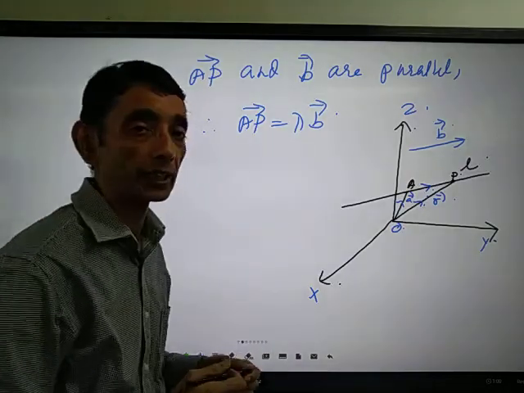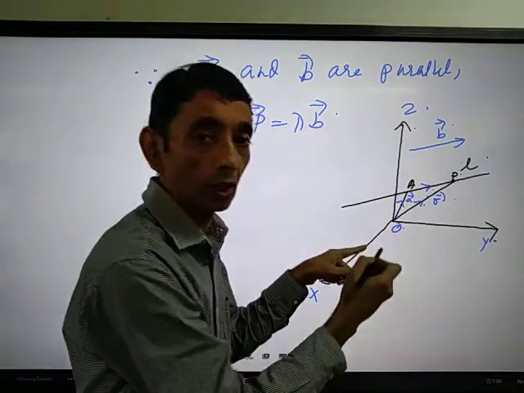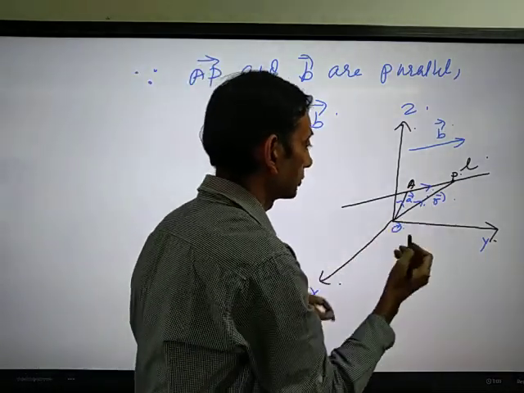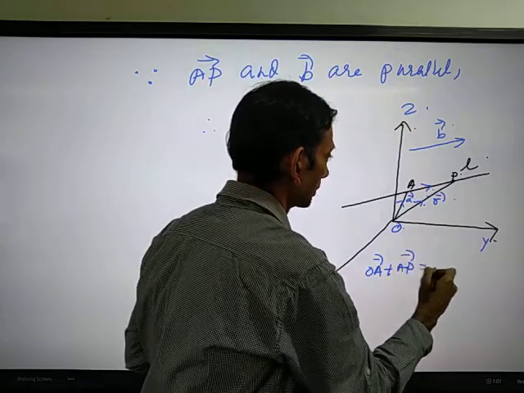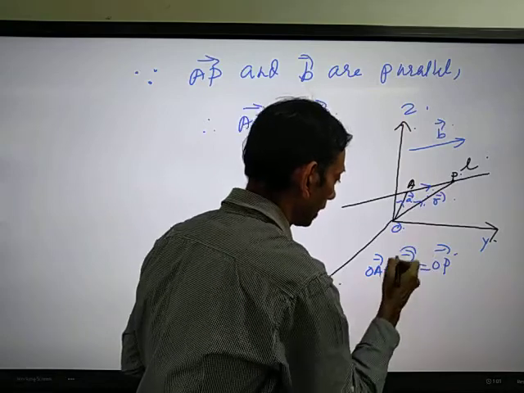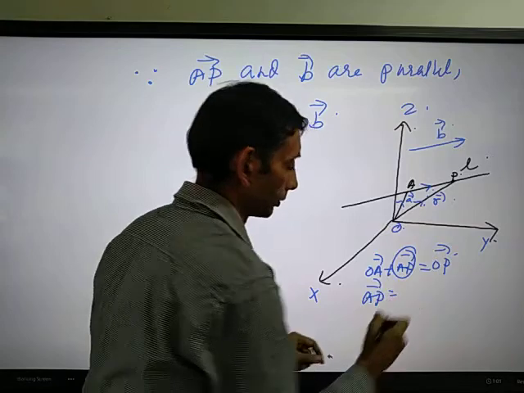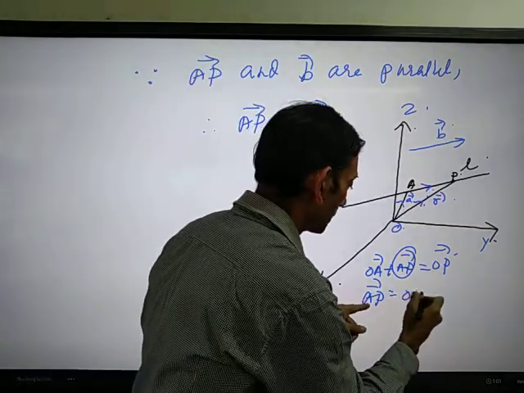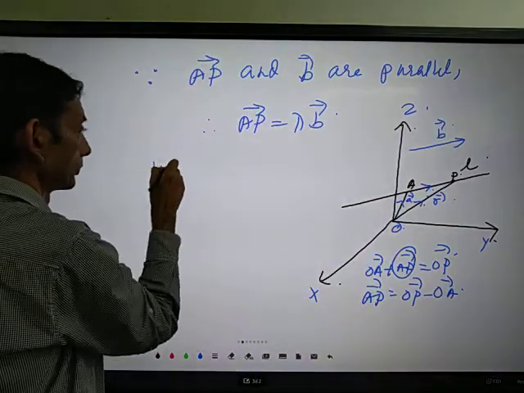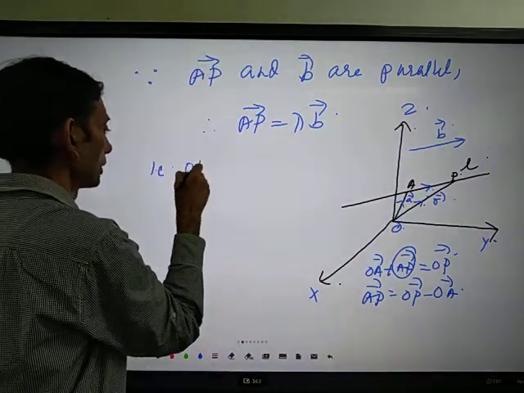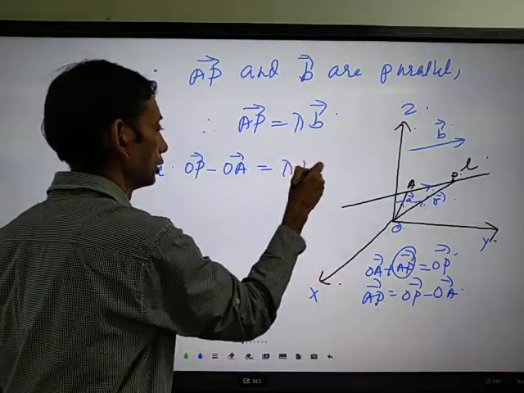Now we are going to find AP from this triangle OAP. If we use the triangle law of vector addition on triangle OAP, we can write OA plus AP is equal to OP. So this gives us the value of AP. AP can be written as OP minus OA, which is equal to lambda b.